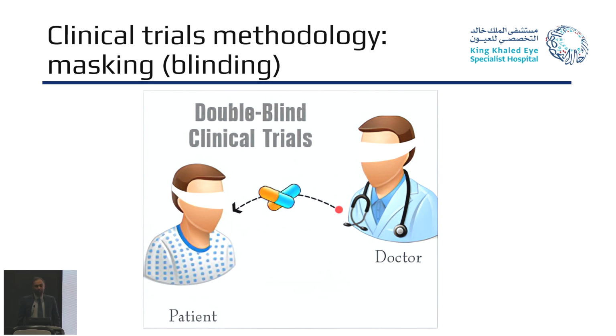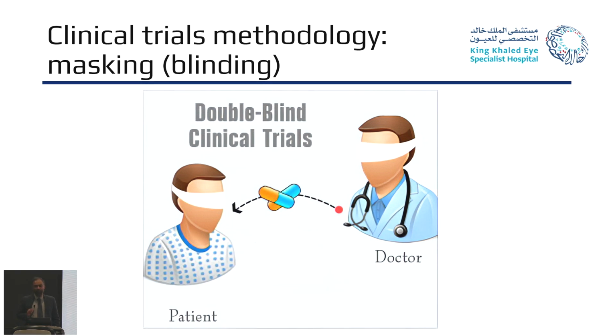That's important because patients, if they believe they're having an active drug, might be more motivated to get better, and doctors might have motivation to see a new treatment working better, so their behavior might change as well. So it's important to mask, double mask or even triple mask whenever possible.